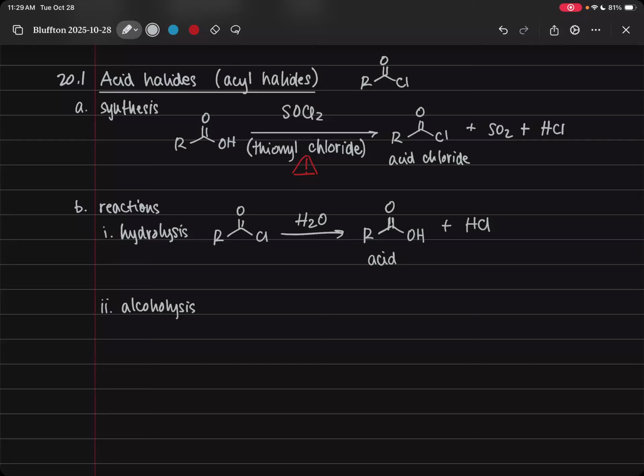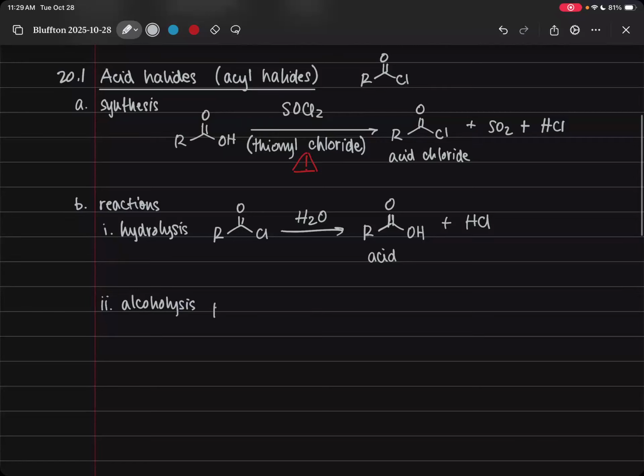A lot of lysis words today. And this is really the same reaction, but instead of water, we replace one of the hydrogens on the water with an alkyl group of some sort, or any sort of organic molecule. So that's an alcohol.